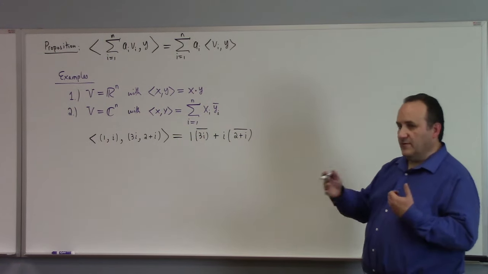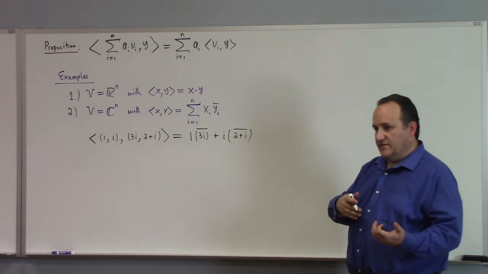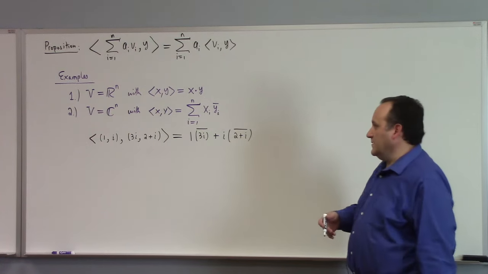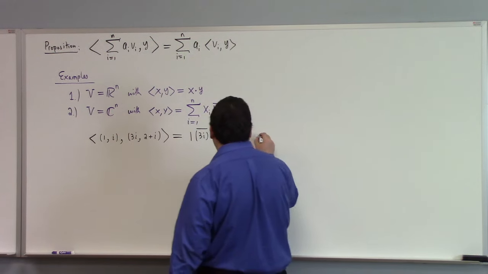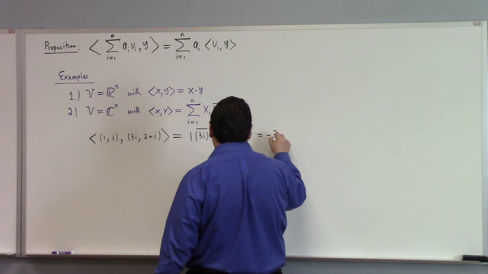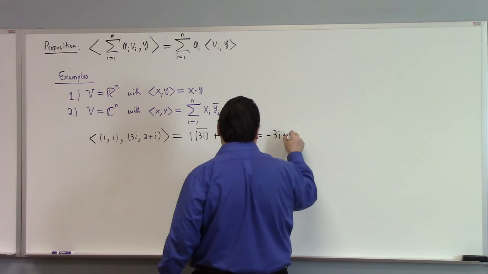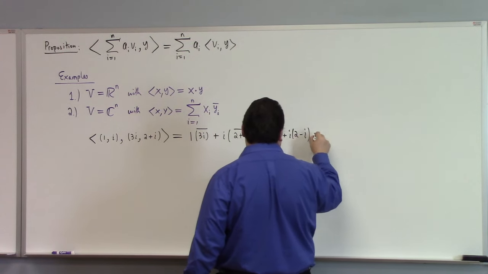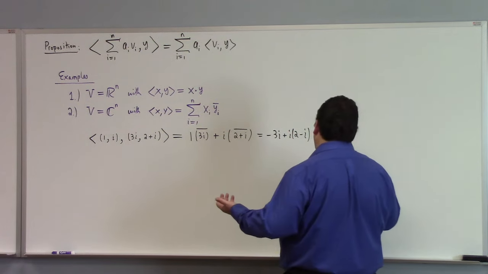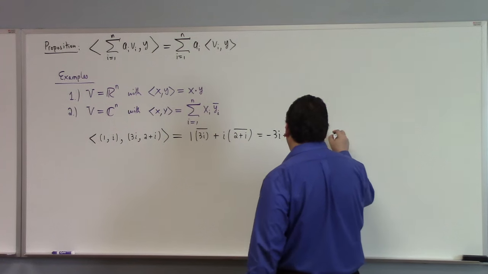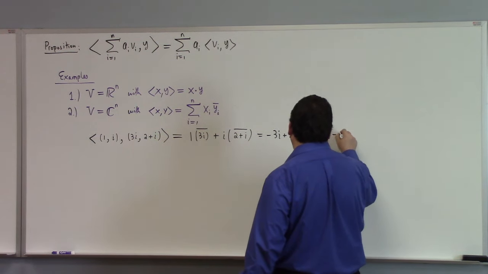Right? x1 y1 bar plus x2 y2 bar, which is explicitly and uninterestingly minus 3i plus i times (2 minus i), also known as 1 minus i. There you go.